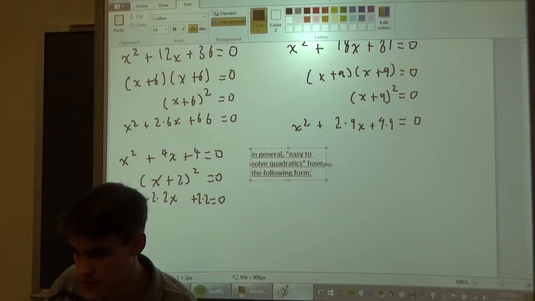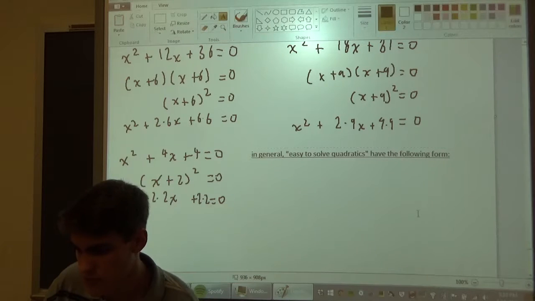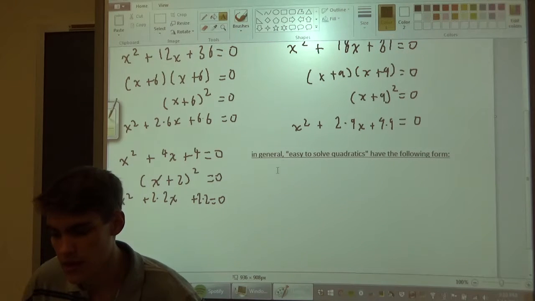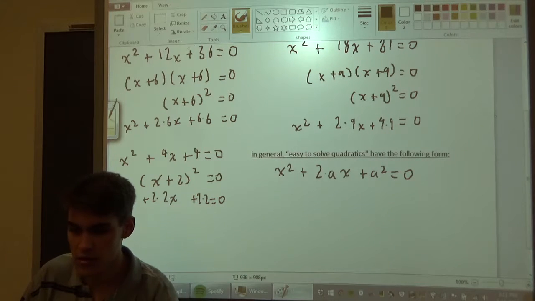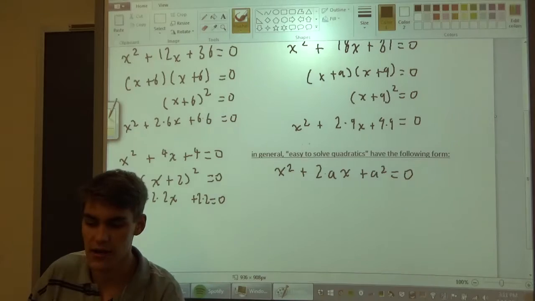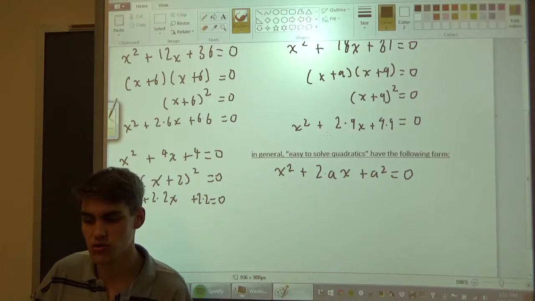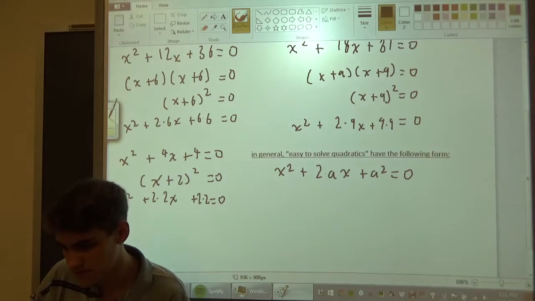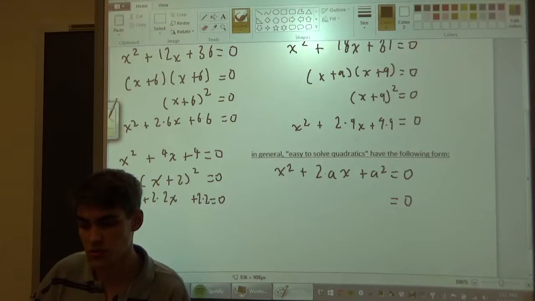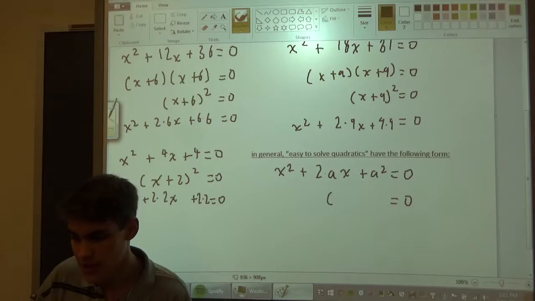Easy to solve quadratics are always going to look something like this, where you have some number a, and the quadratic looks like this. x squared plus 2 times a x plus a squared is equal to 0. Here a is 6, here a is 9, here a is 2. Easy to solve quadratics that are just nice like this, they always look like this, where a is some number. And then if I wanted to talk about the square in general, I could write that something that looks like this is always going to look like this when you distribute.